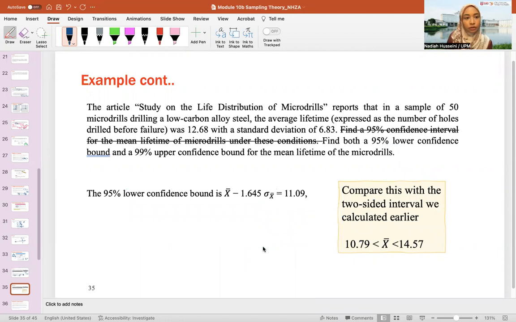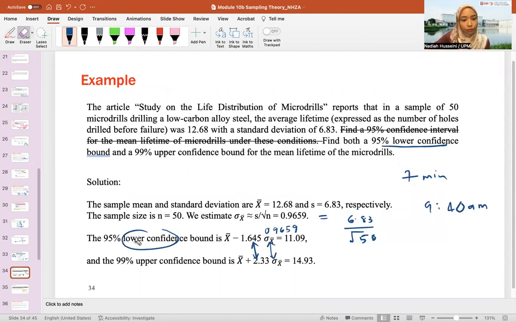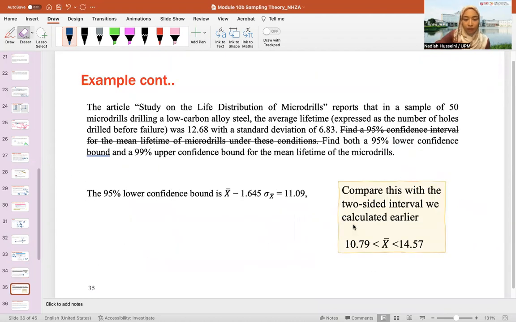So now we're trying to compare the values that we got. Let's go for the 95% confidence interval. The answer for our 95% lower confidence bound is 11.09. Keep that in mind. Now, this is the interval that we calculated for the two-sided.